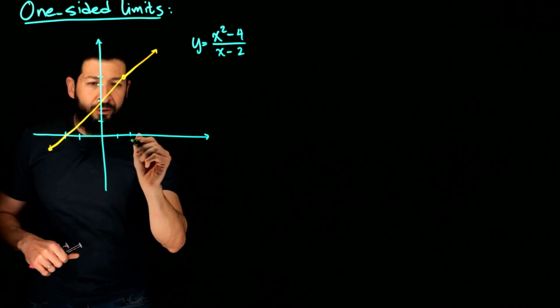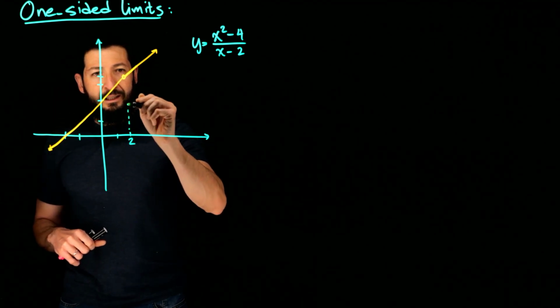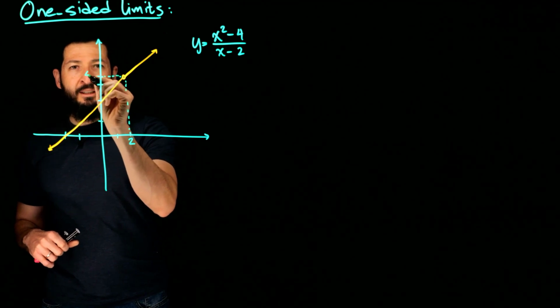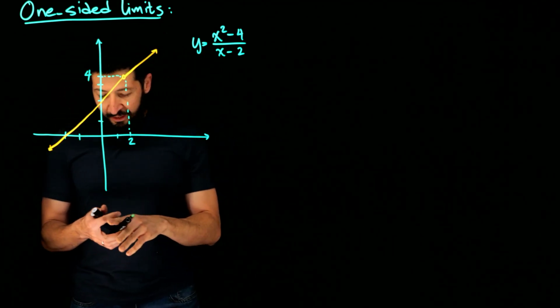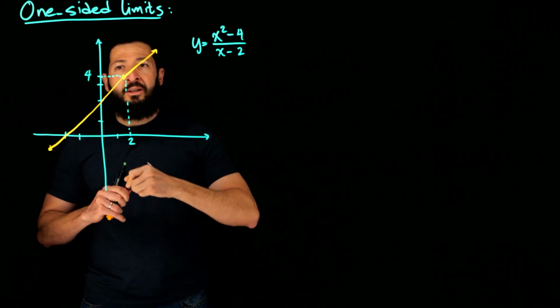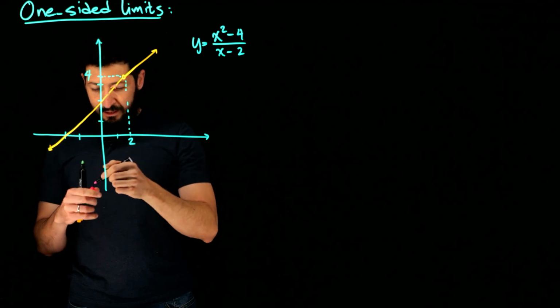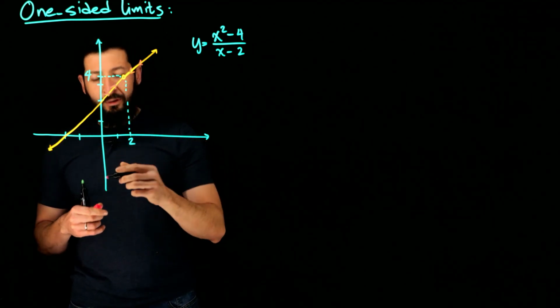So what you have going on here at x equals 2, in this particular example, is that the limit is tending to 4. You've analyzed this one in your previous lecture or your previous notes. So we do the limit from the left and the limit from the right, and that's what I'm going to be talking about.